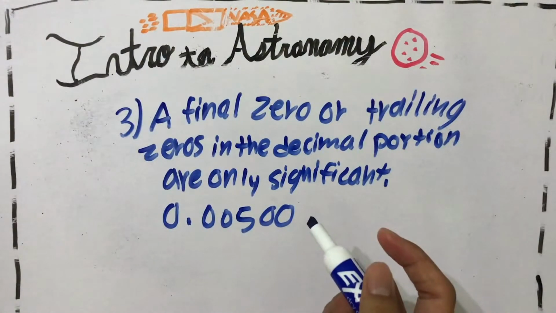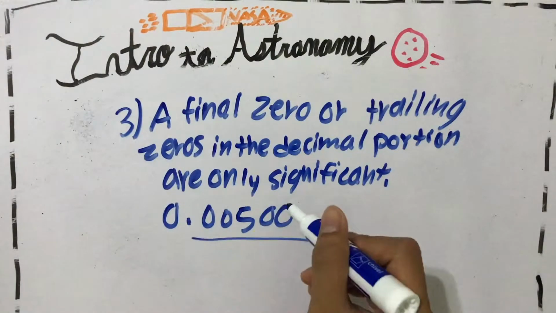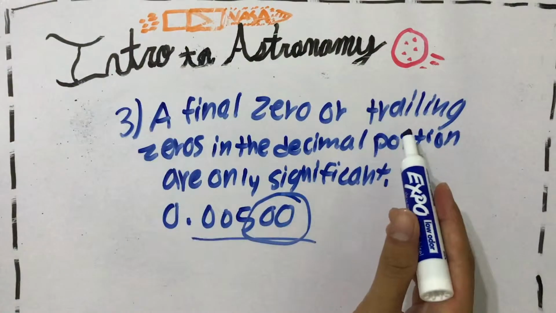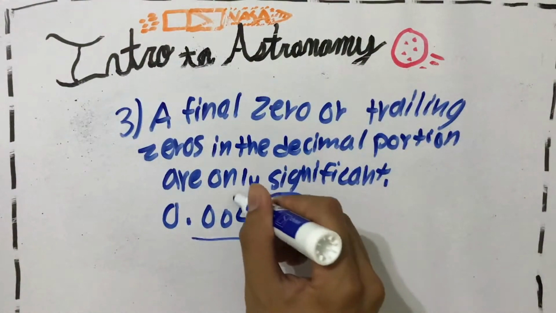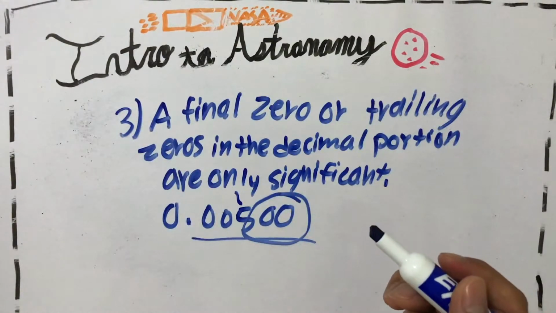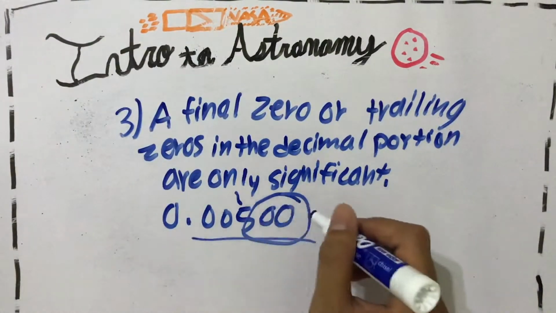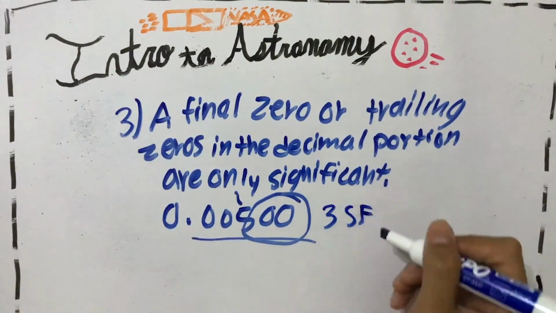If you said 5, then you would be considered wrong because only the last 2 zeros of these count, since they're the trailing zeros in a decimal portion that are after 5, and 5 is counted as a sig fig. So we would count these 3 as the significant figures. So we would have 3 sig figs in this case.